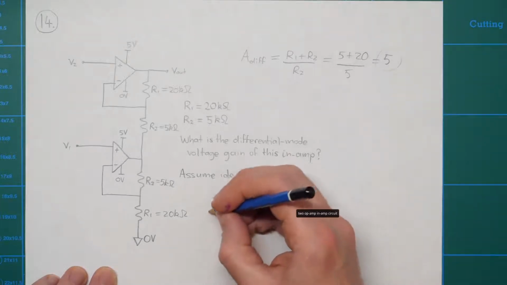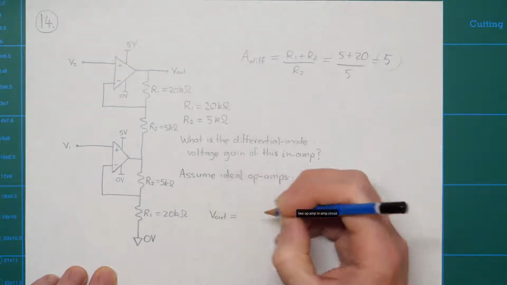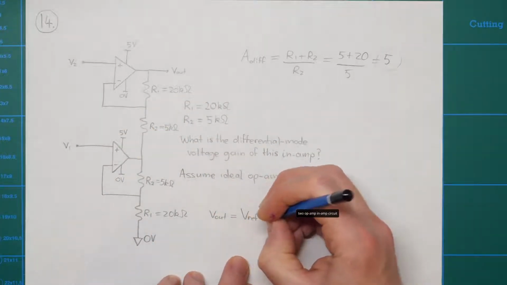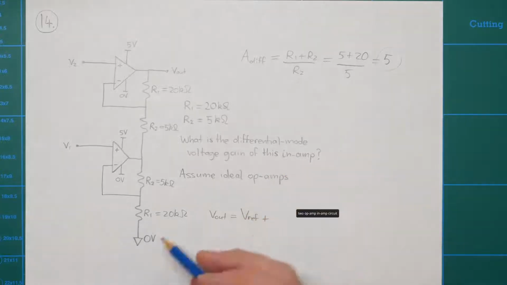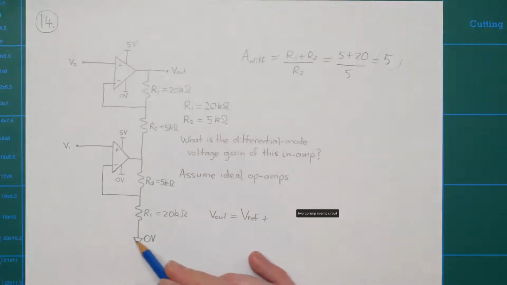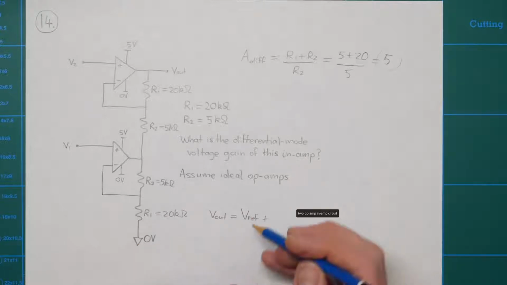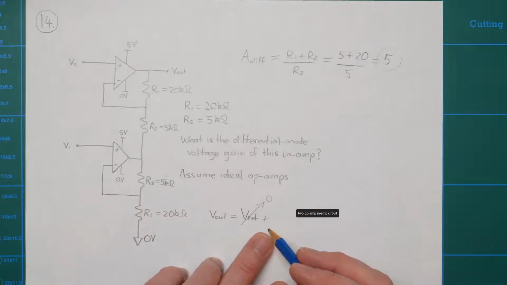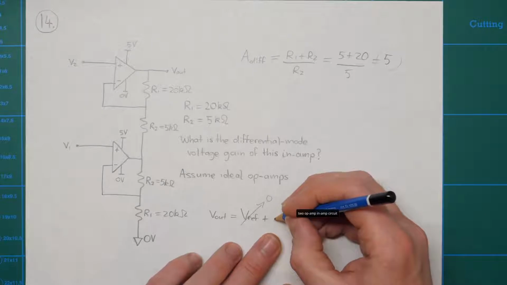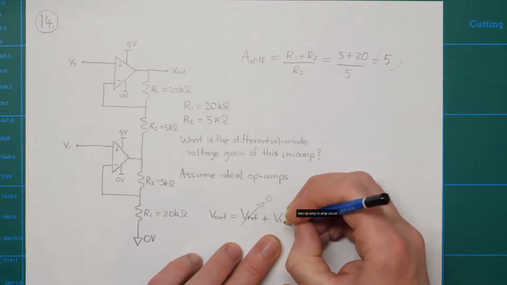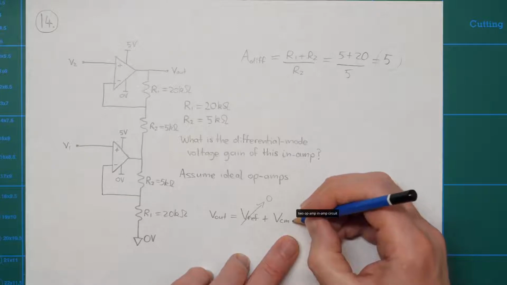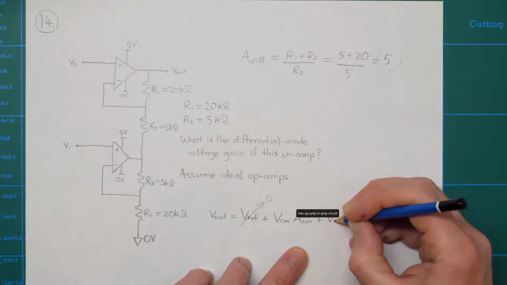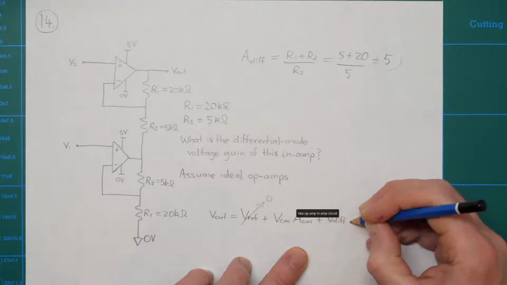Just to remind you what the output of an in-amp like this would be: it'd be Vref, plus the common mode input voltage multiplied by the common mode gain, and then the differential mode voltage input multiplied by the differential gain.